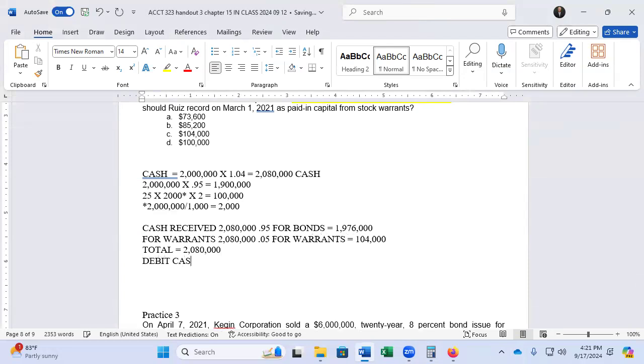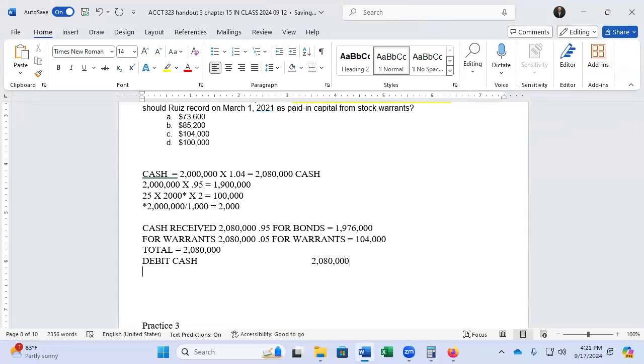So we're going to debit cash, 2,080,000. Debit discount on bonds payable.